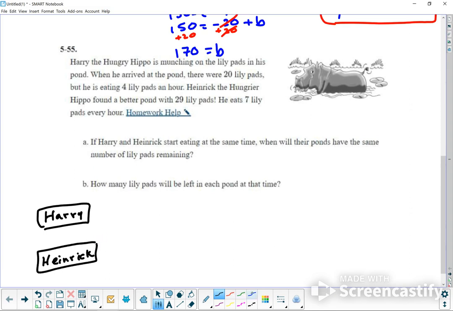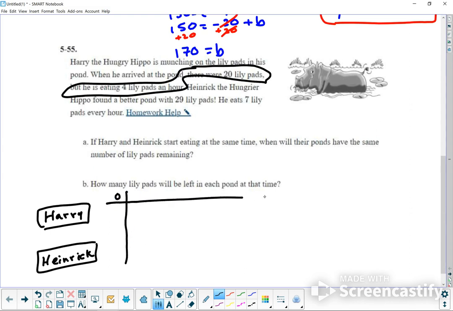Harry starts off at 20 lily pads, and he eats 4 per hour. So at time 0, you start off at 20. Heinrich starts off at 29 lily pads, and he eats 7.